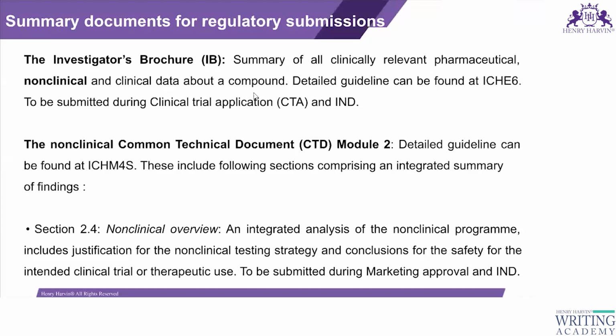First, the non-clinical information given in the investigator's brochure. The investigator's brochure briefly describes the summary of all clinically relevant pharmaceutical, non-clinical and clinical data about a compound. Detailed guideline can be found at ICH E6, and it is to be submitted during the clinical trial application and IND. In the next module, when we discuss the investigator's brochure in detail, you will understand in which part the details about the preclinical studies are given.